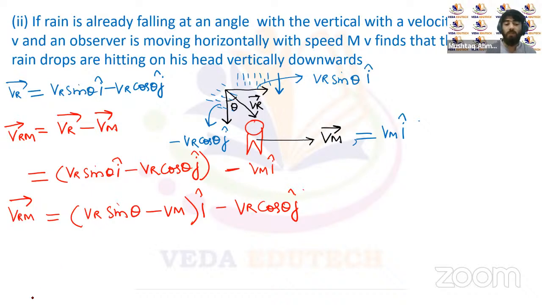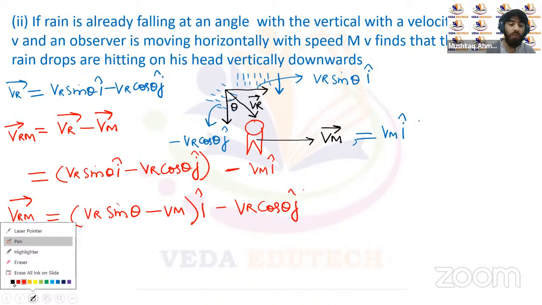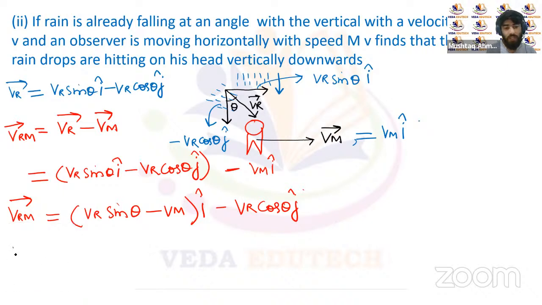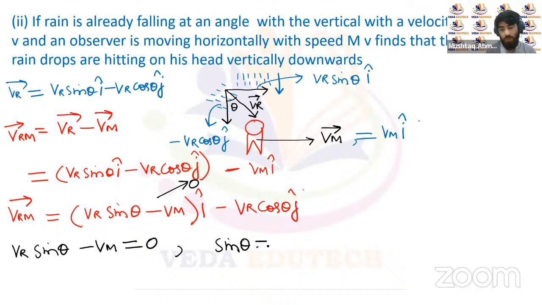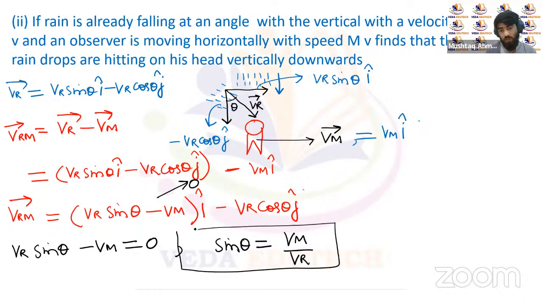So the horizontal component must be equal to 0, which means this component must vanish. That's Vr sine theta minus Vm should be equal to 0. So we get the condition that sine of theta will be equal to Vm upon Vr. So this is the condition at which this is going to happen.